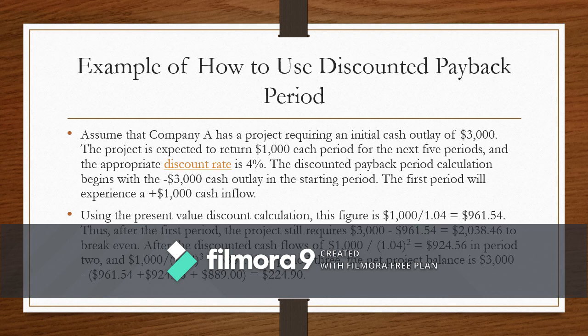The net project balance is 3000 minus 961.54 plus 924.56 plus 889 equal to 224.9.